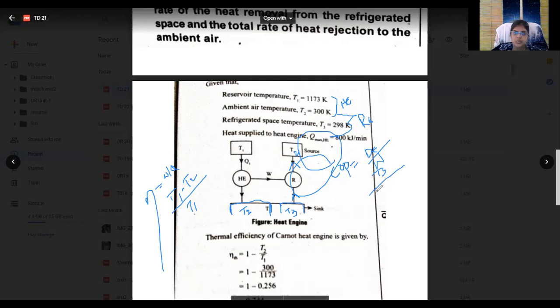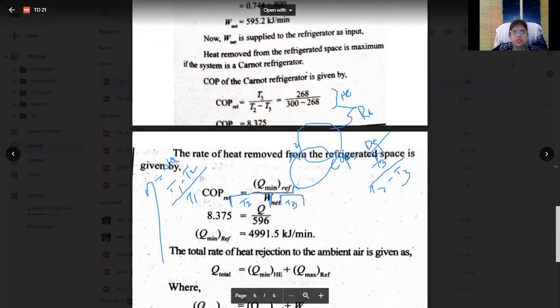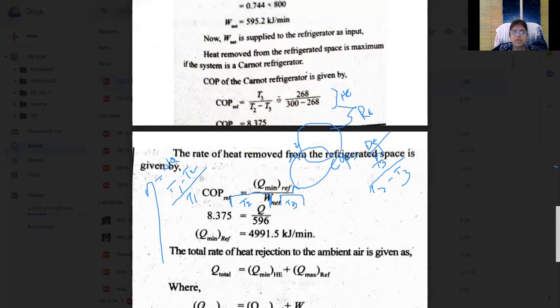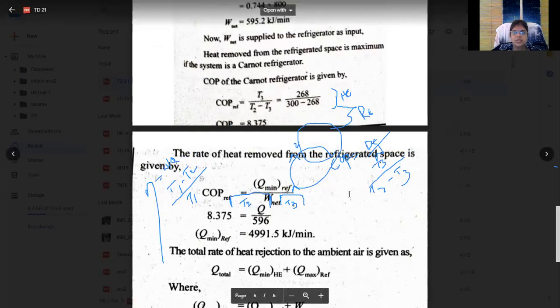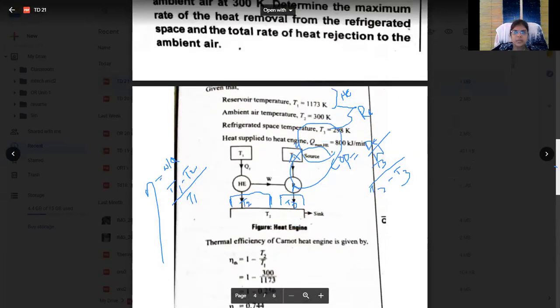T2 is the higher temperature, so T2 minus T3. So T3 by T2 minus T3. Just put all the values here and we will get the answer easily. This diagram is very important. Okay, thank you students.